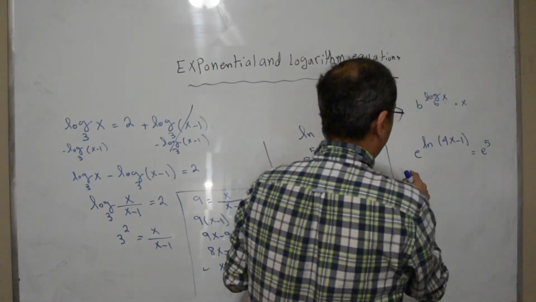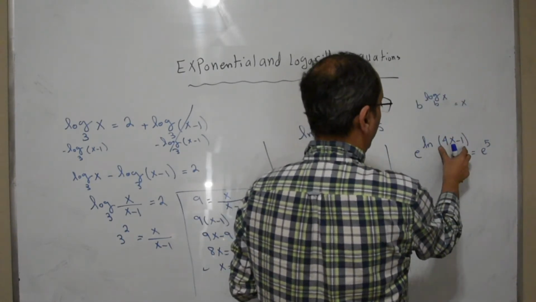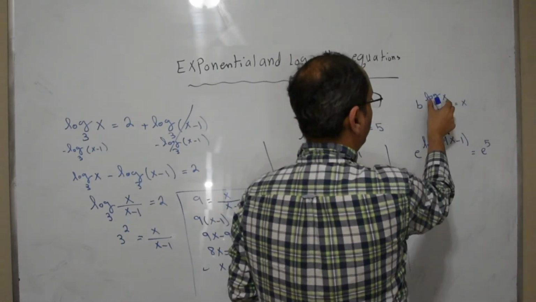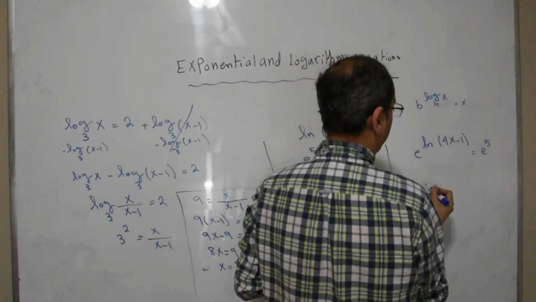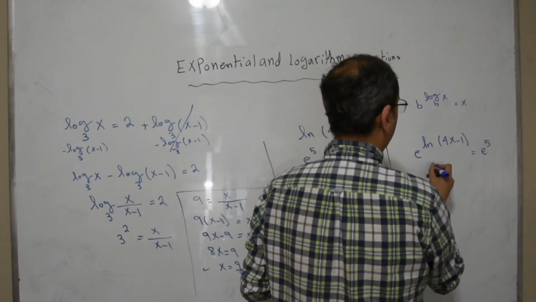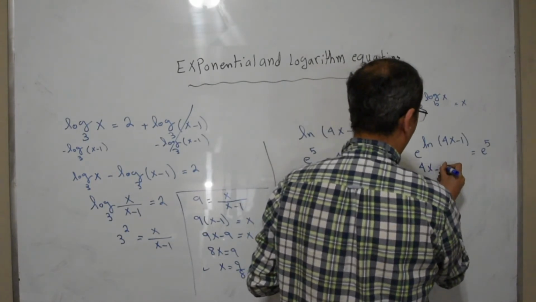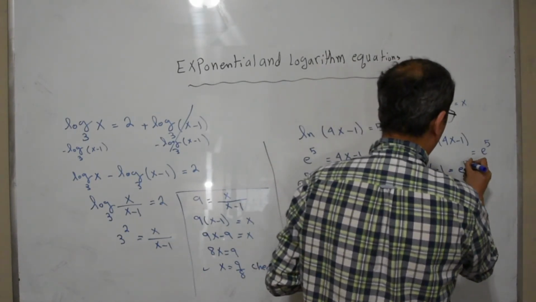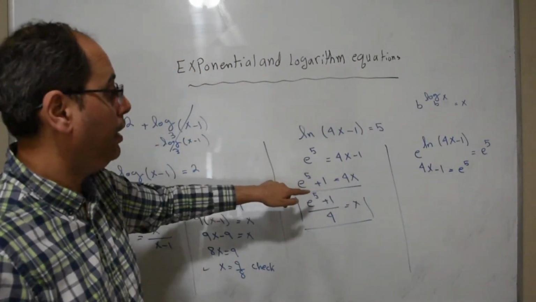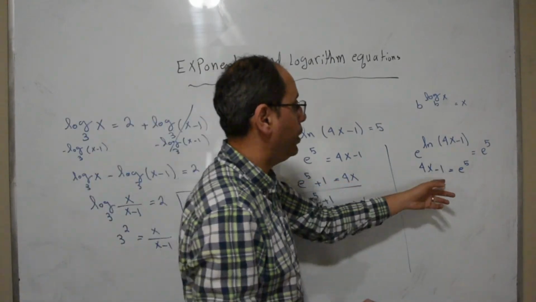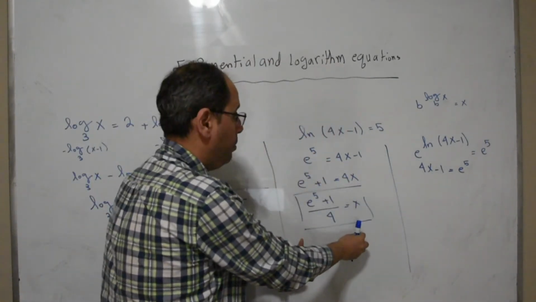So what's going to happen here? e to the natural log of that number, b to the log base b of a number, equals that number. So x equals x here. That means 4x minus 1 is e to the fifth, which is where we stopped before, and now you can do the same thing and get the same answer.